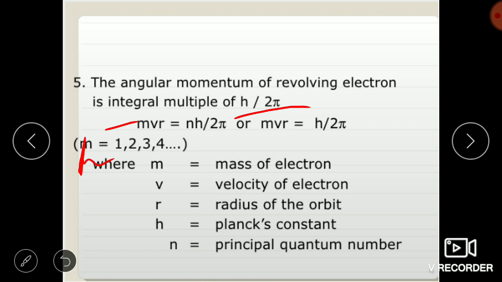So n value will be 1, 2, 3, 4, etc., any integral value. This n value is the principal quantum number. We'll talk in detail about the 4 quantum numbers. So this is the first one. Moving away from the nucleus, we get the n values 1, 2, 3, 4 and so on, depending on the shell.